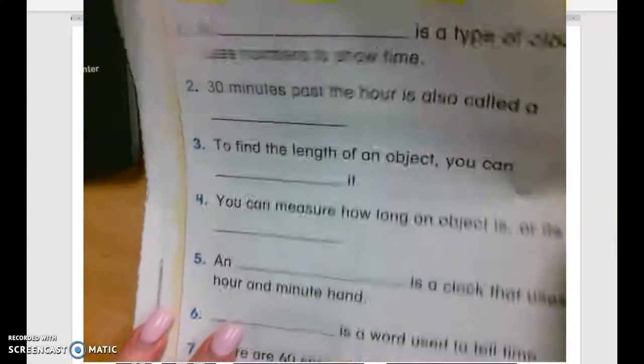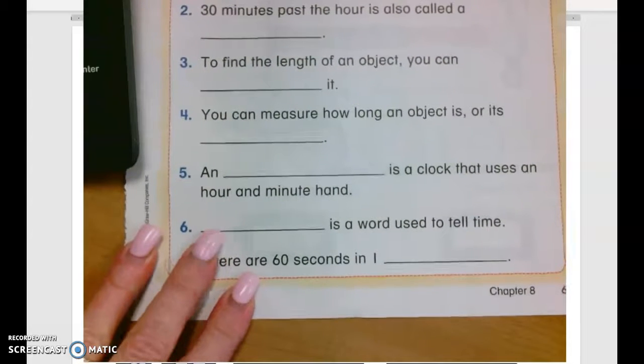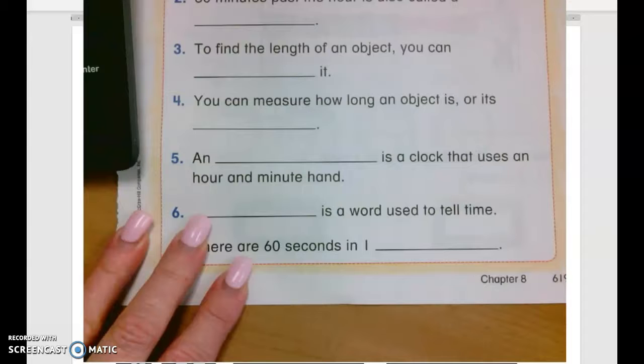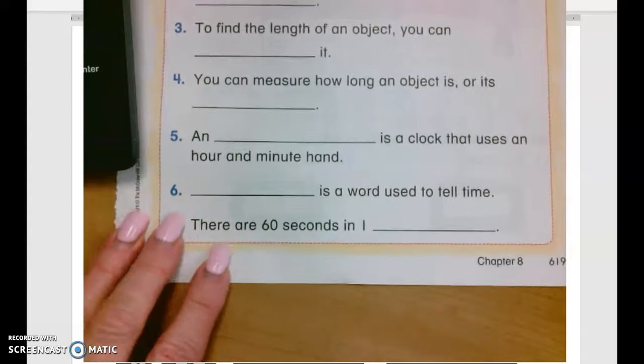Number 5, a blank is a clock that uses an hour and minute hand.